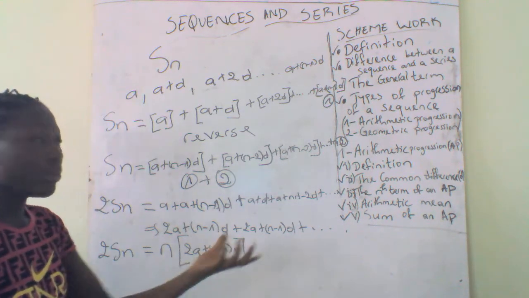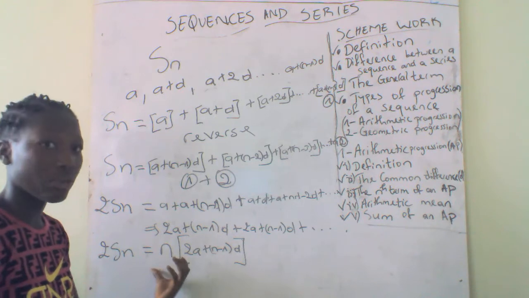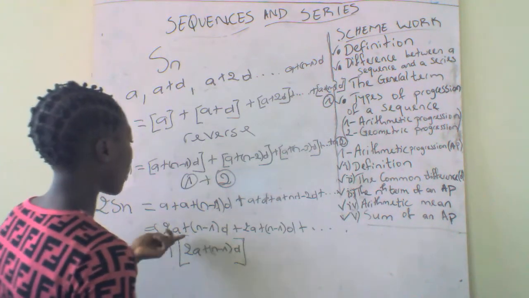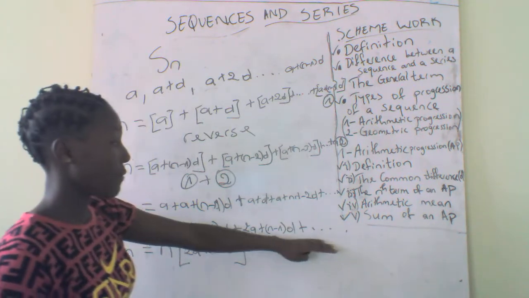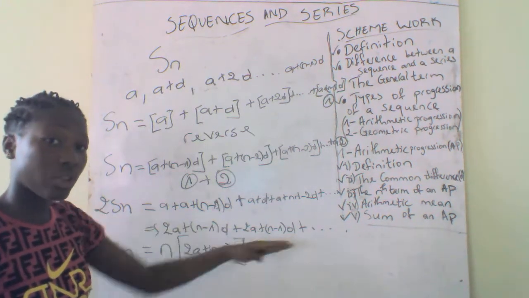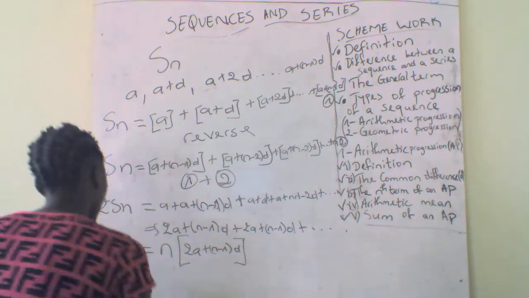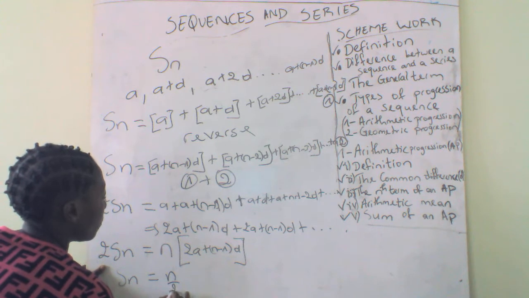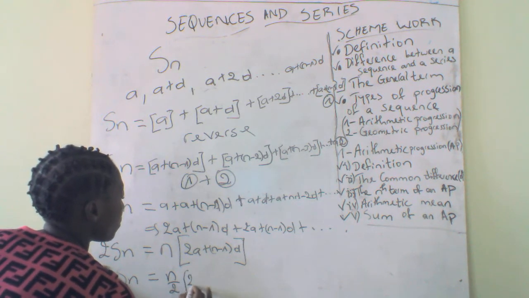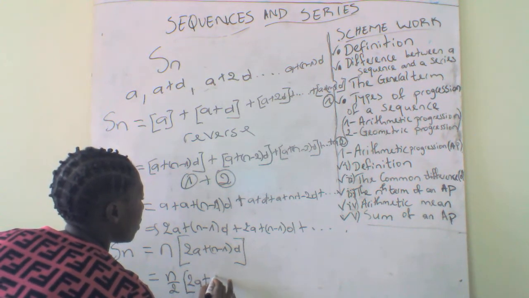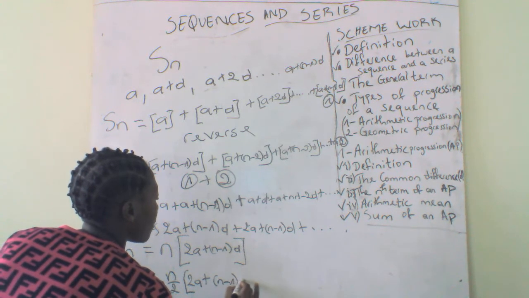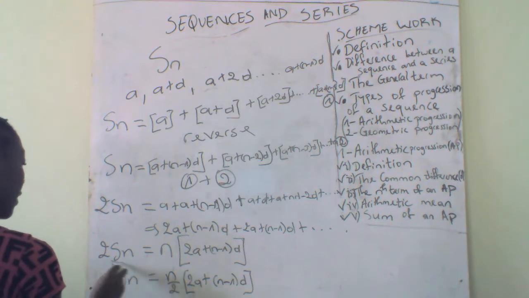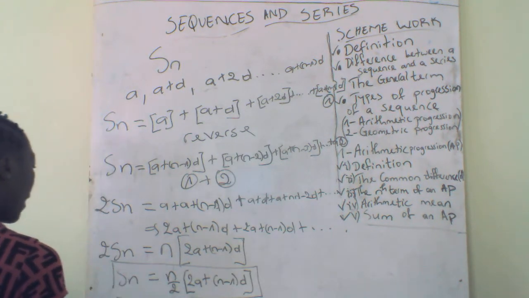So we just reduce it and just multiply it with the answer we have when we add it all. You can't add continuously because it is infinite. We don't know where it ends. We just put n there. So now our Sn will finally be equal to n over 2 times (2A plus (n minus 1)D). So therefore this is the sum of our AP.